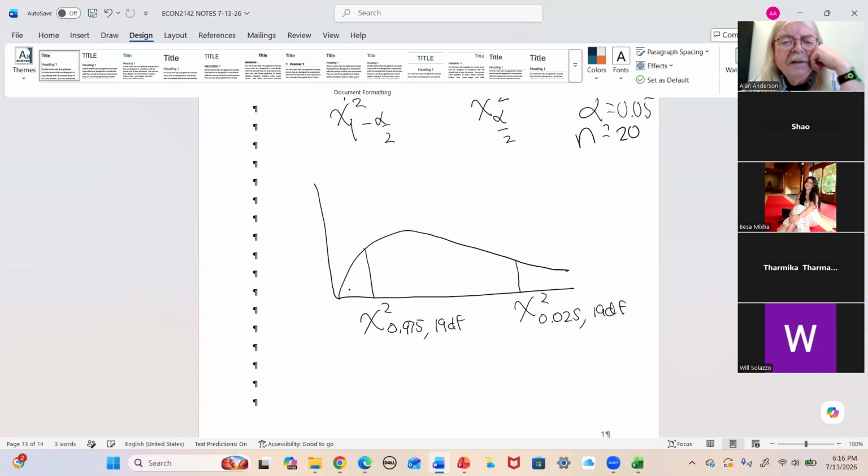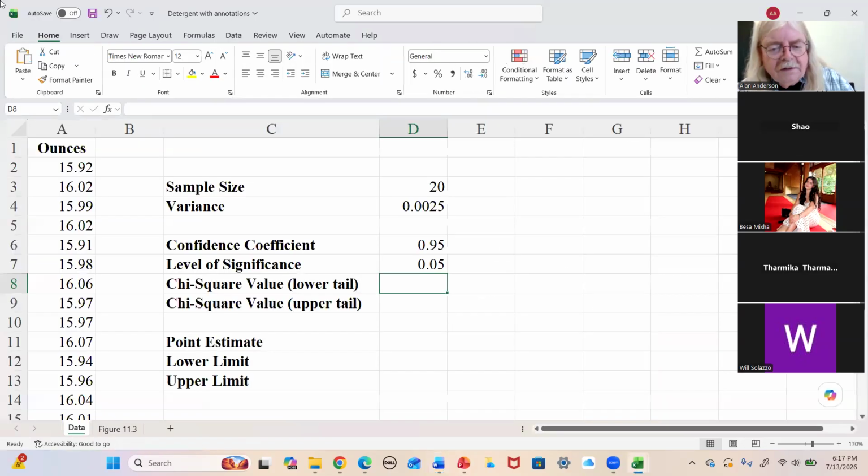Again, 19 degrees of freedom. So we're going to look them up right now in the table, and then we'll see how Excel can handle this. All right, so let's go to the table.